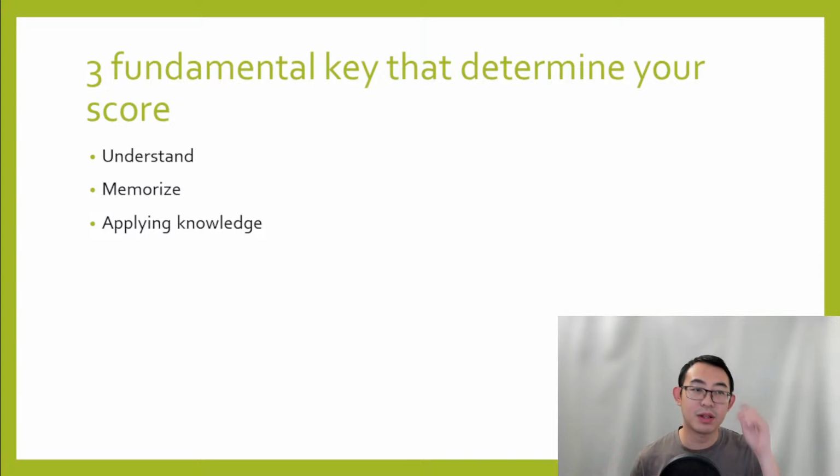Now these are really what determine your score. The variation of score from one person to another is really the variation of this. People who understand more, memorize more, and have the ability to solve problems more have a higher score than the other person. Maybe person A has good understanding and memorization about cardiology, but not so much about gastroenterology.